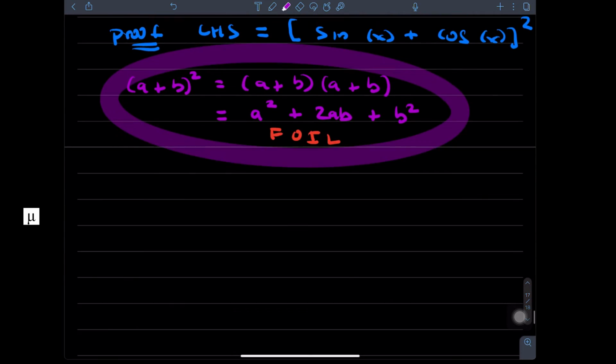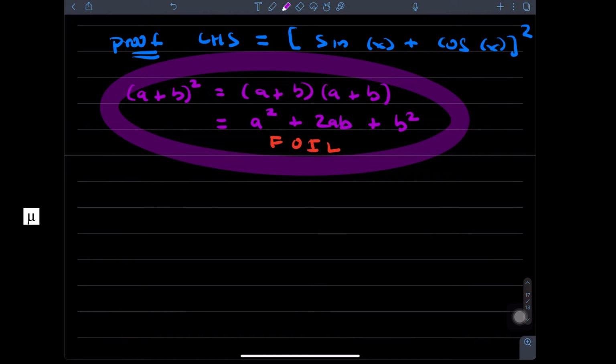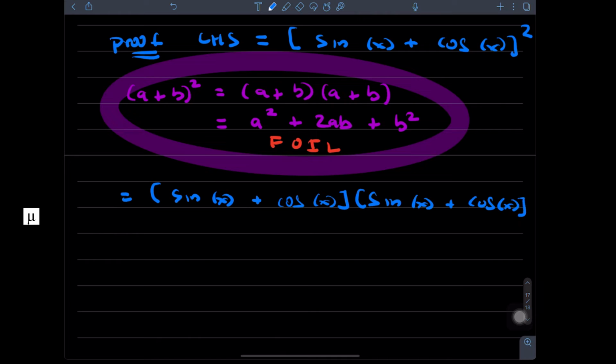So my sine plus cosine squared is sine plus cosine times sine plus cosine. We're going to use FOIL here too.